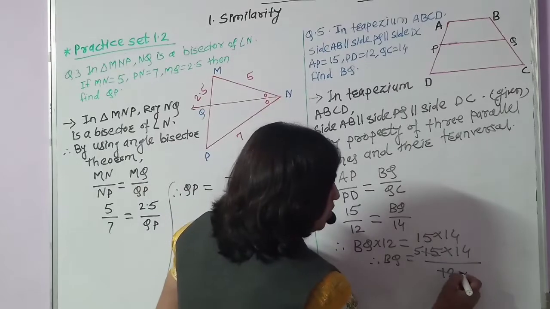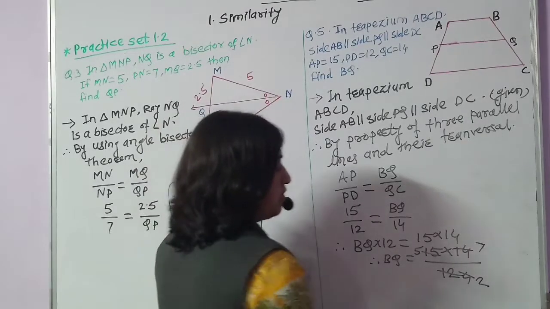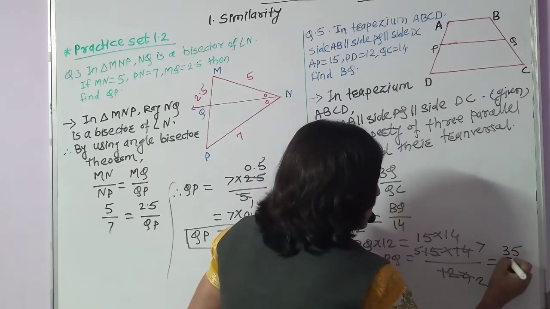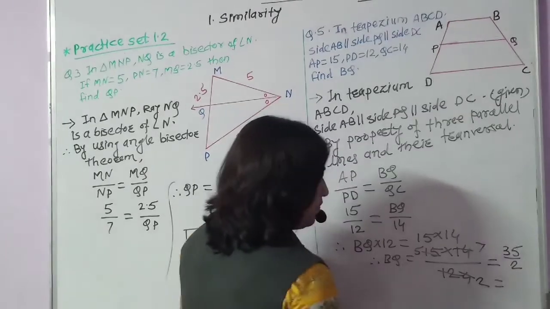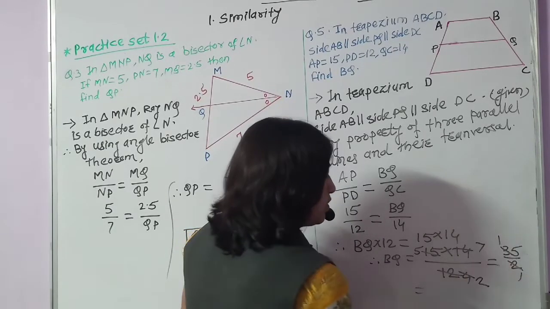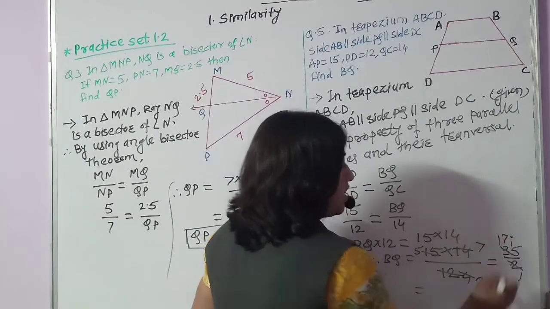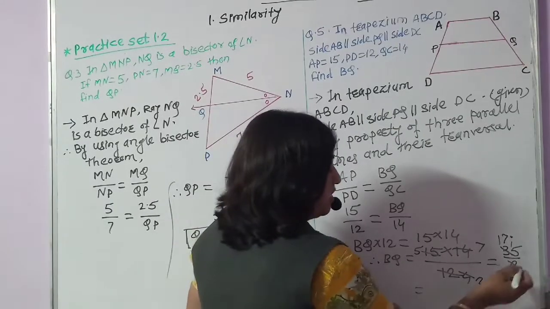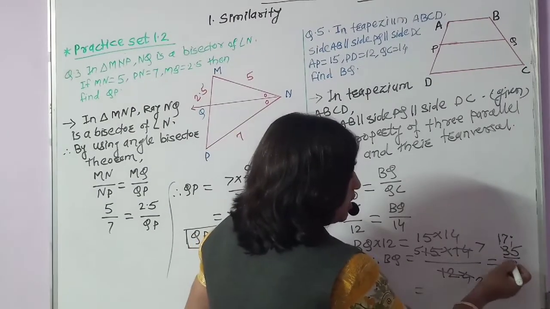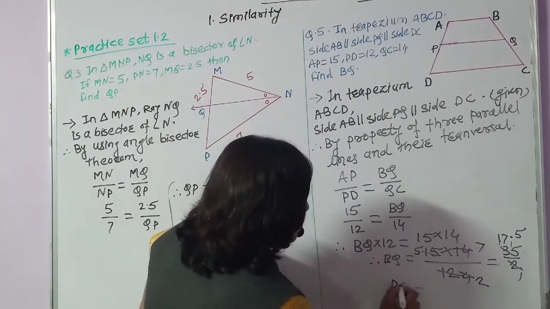Again 2 twos are 4 and 2 sevens are 14, which is equal to 5 into 7, 5 sevens are 35 upon 2, which is equal to 17.5, since 2 fives are 10.